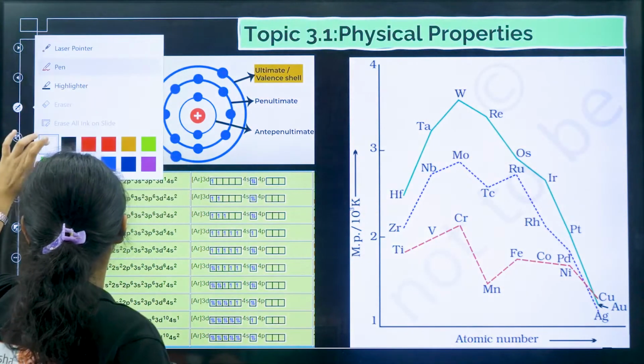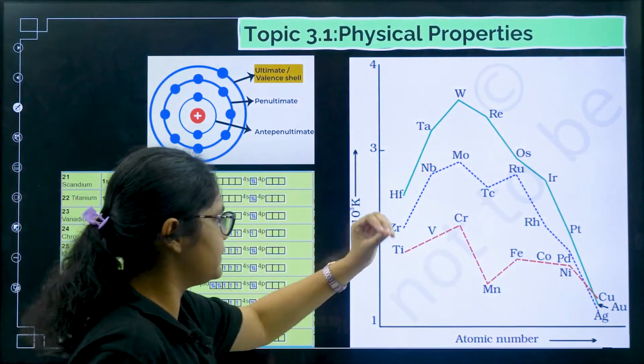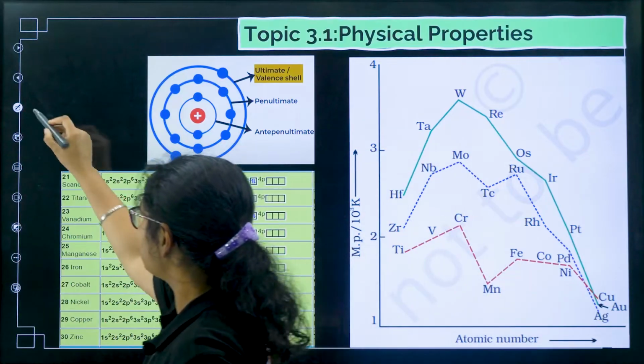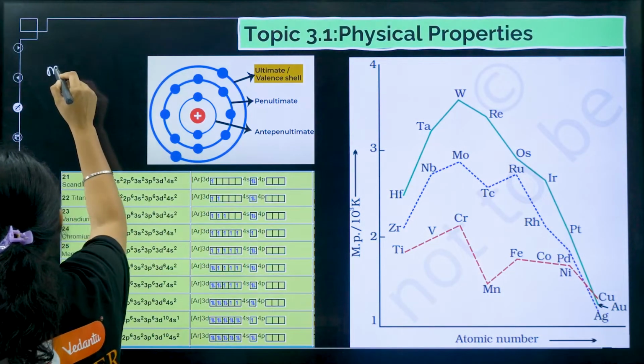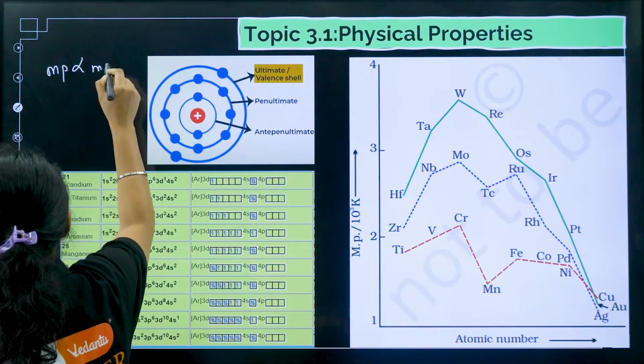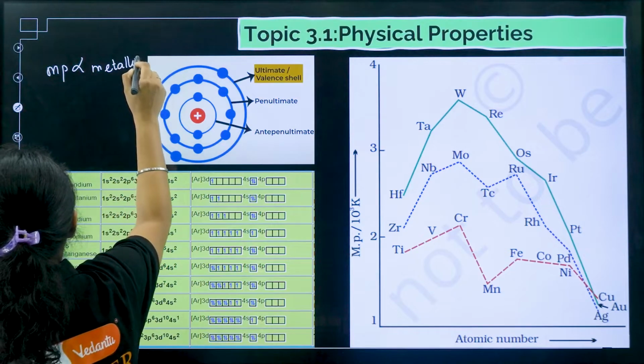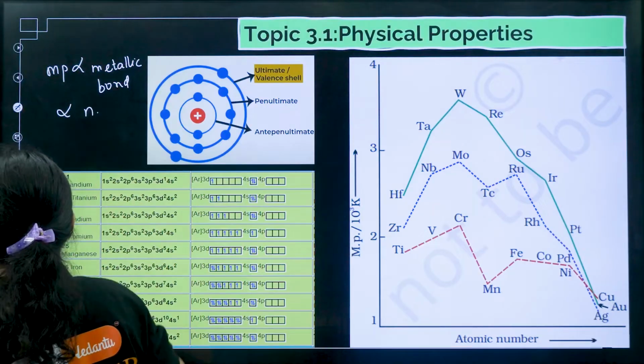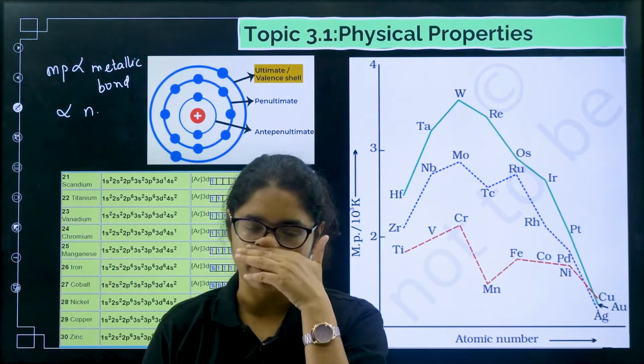The melting points and boiling points I'll explain a little bit in detail. As I told you, melting point depends on metallic bonding, and metallic bonding depends on the number of unpaired electrons.